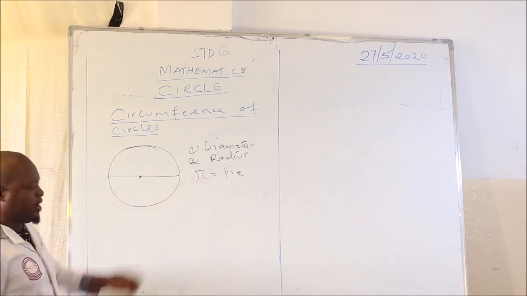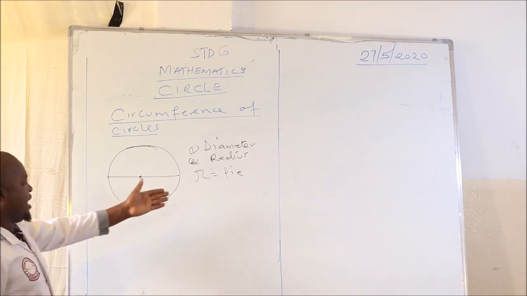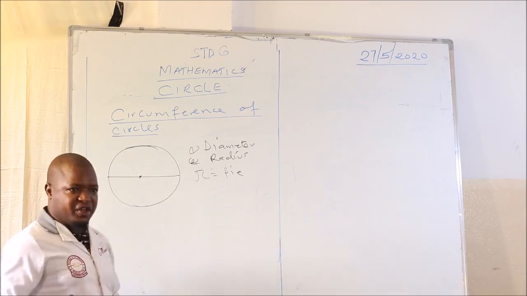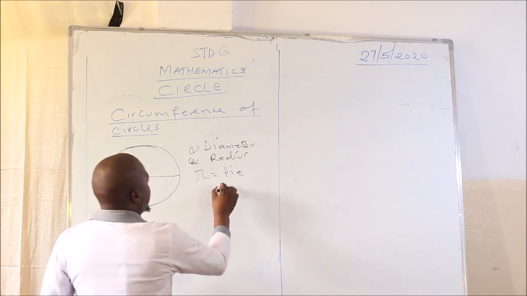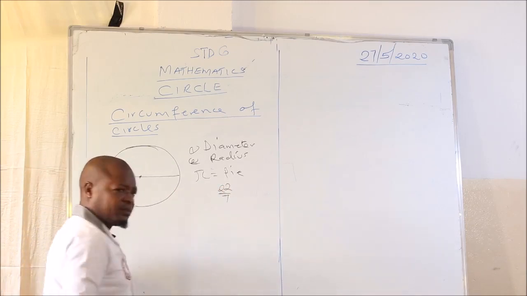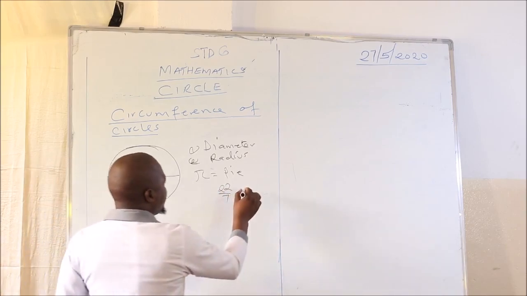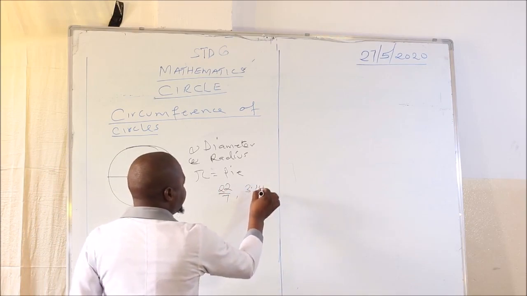I'll explain a bit about pi, and it is of three kinds. One, they may require you to use pi as 22/7. Number two, they may require you to use pi as 3.14.